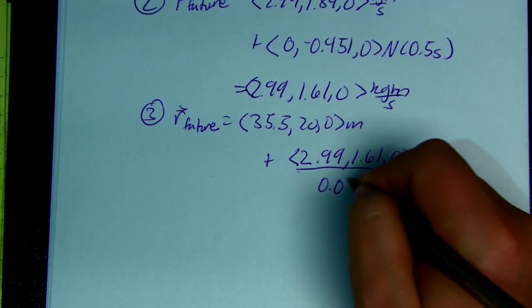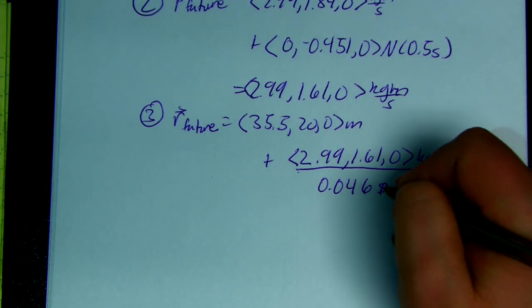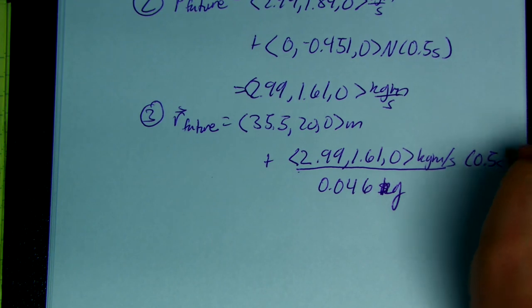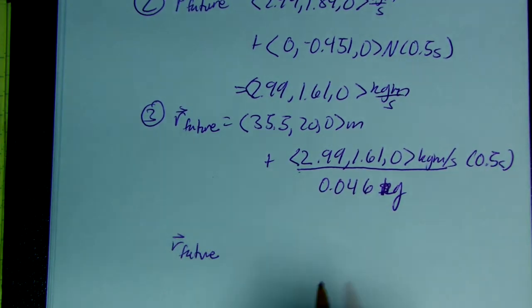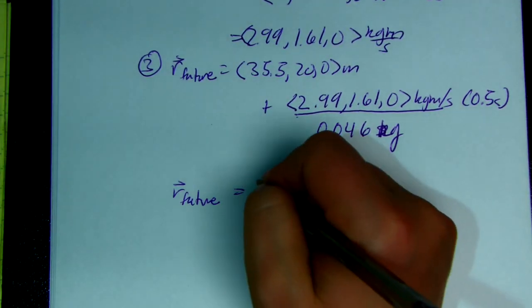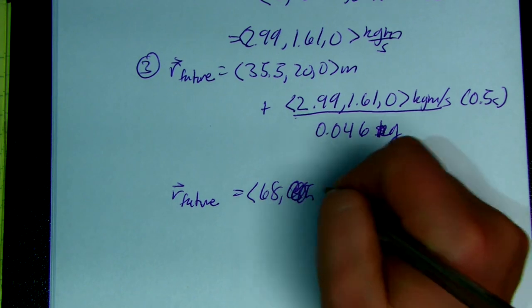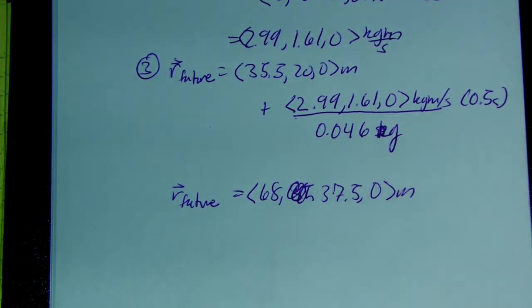They're the same. And so we get that the future position is equal to <65, 337.5, 0> meters. And we could just keep repeating over and over again.